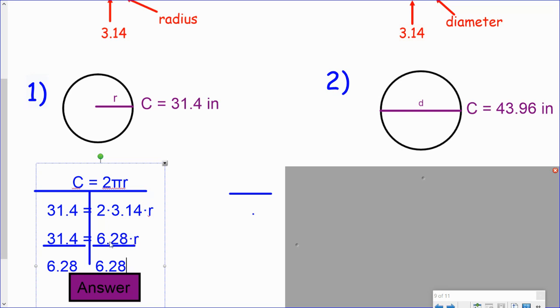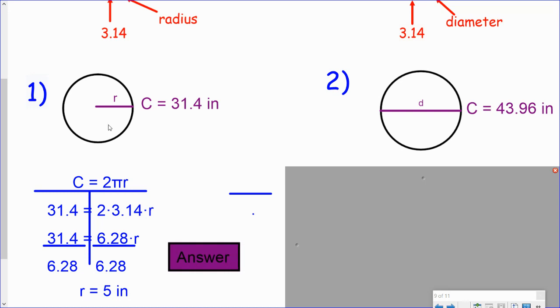On the right-hand side, we know that when you divide those, you get 1r, or just r. On the left-hand side, 31.4, I'll go back to my calculator, 31.4 divided by 6 28/100, I would get r equals 5. The answer to my question, r, or the radius, is 5 inches.